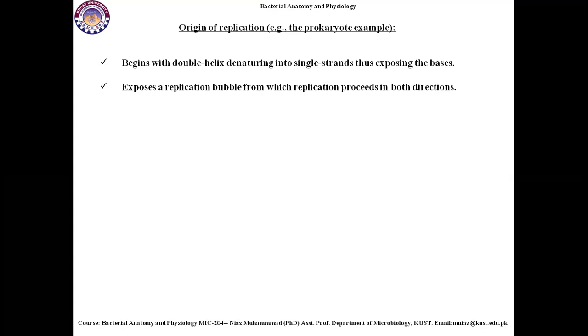So we are discussing an example in prokaryotic cells: the origin of replication, and how replication starts in a bacterial cell. It begins with the double helix denaturing into single strands, thus exposing the bases.